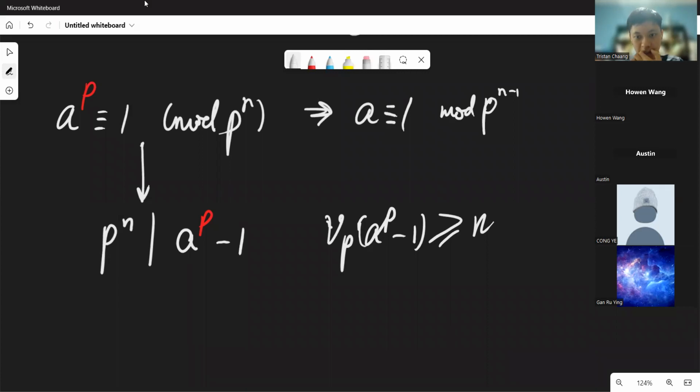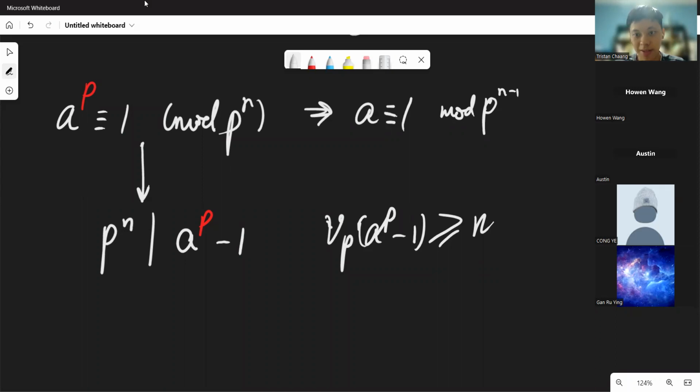We can say what a is mod p. Five squared is 1 mod 2 to the 1, implies 5 equals 1 mod 2 to the 0.